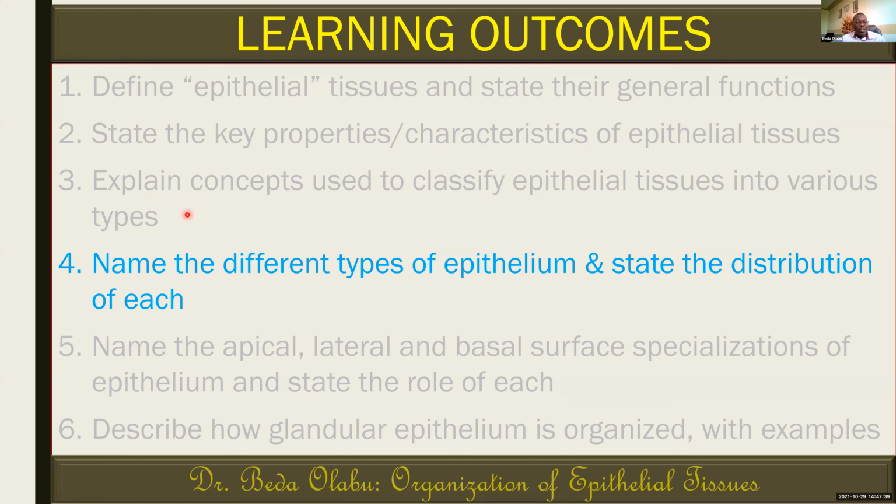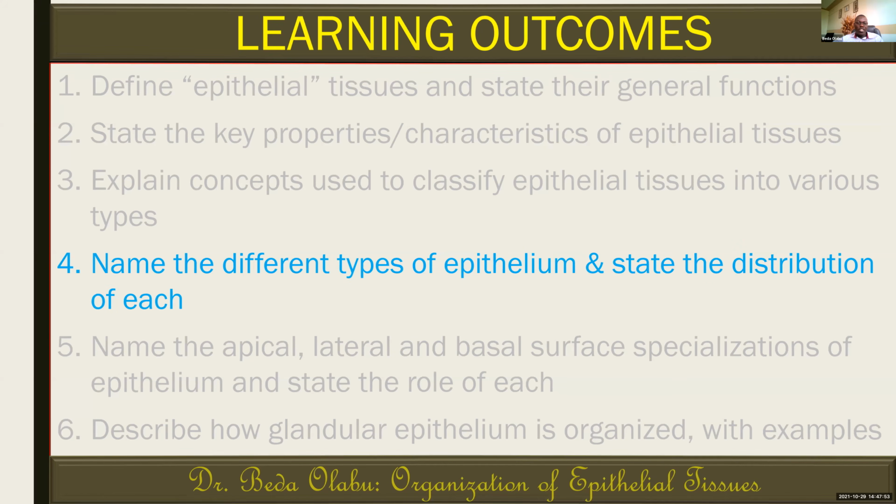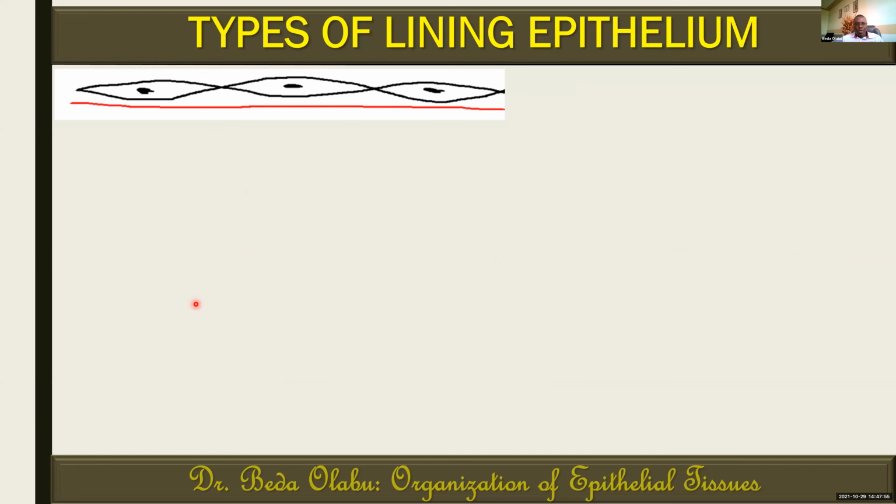Having agreed on the concept that we use in classifying epithelium, let's now give names to different epithelial types. As we do this, we'll also state where these epithelial types are found. So the first one looks like this. I would wish that we have a discussion on it, but let's just continue so that we save on time.